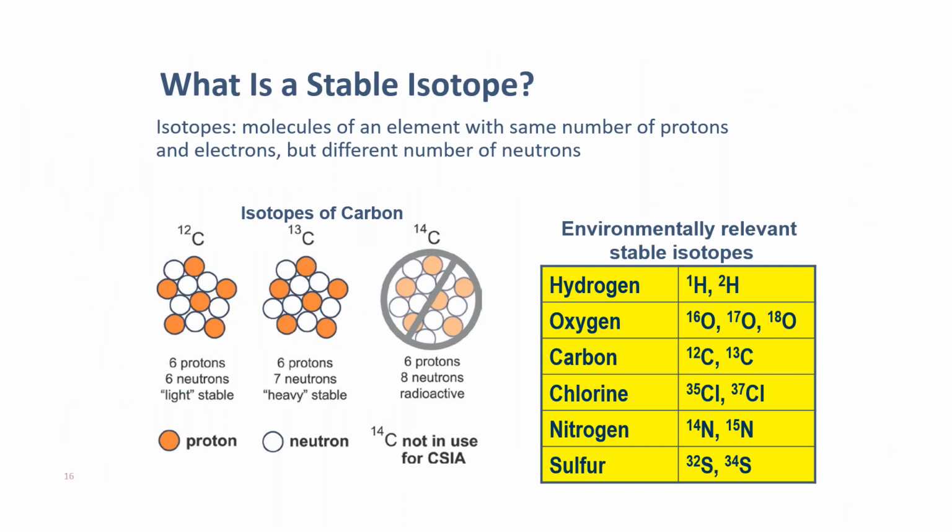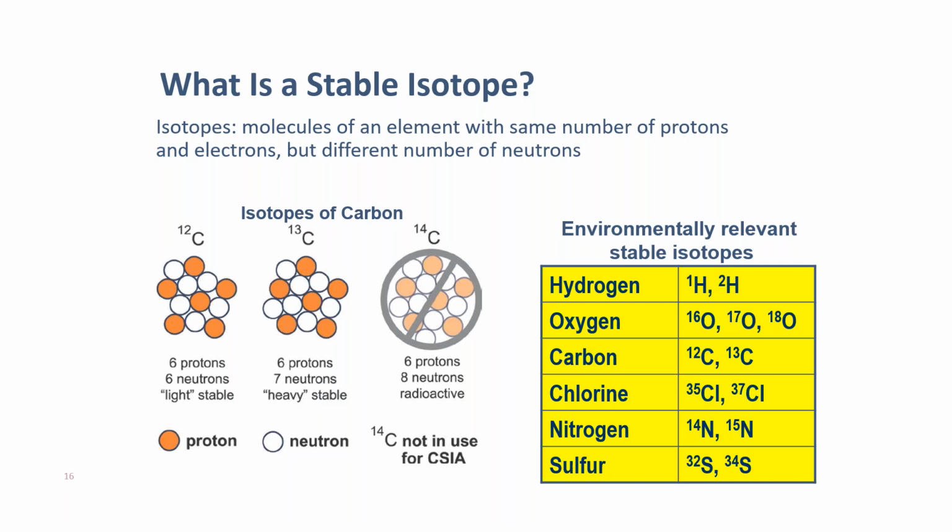So I'd like to talk about some specific contaminant degradation on activated carbon, but before that, I'd like to go over compound-specific stable isotope analysis, because that's kind of the results that we're going to be talking about here. I just want to give everybody a little bit of a refresher. So isotopes are atoms of an element with the same number of protons and electrons, but a different number of neutrons.